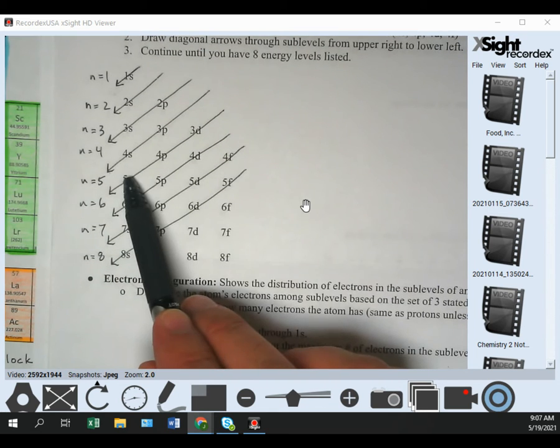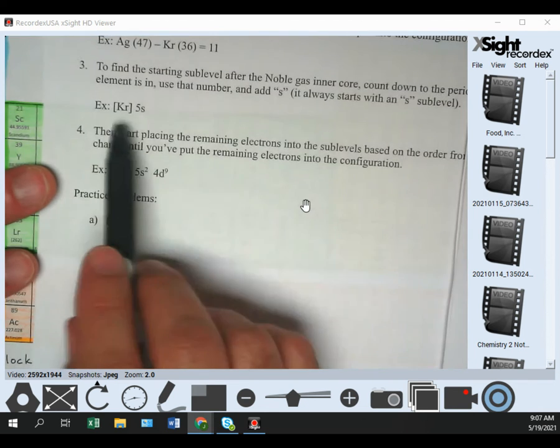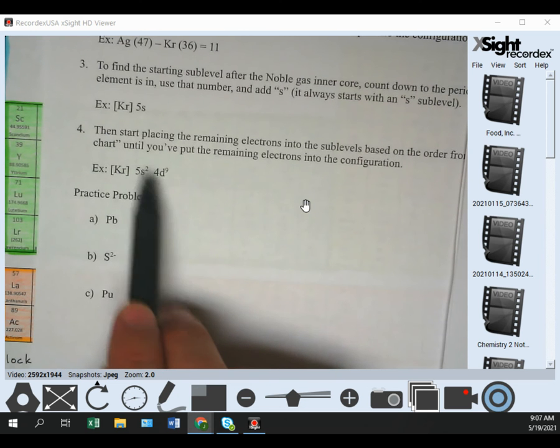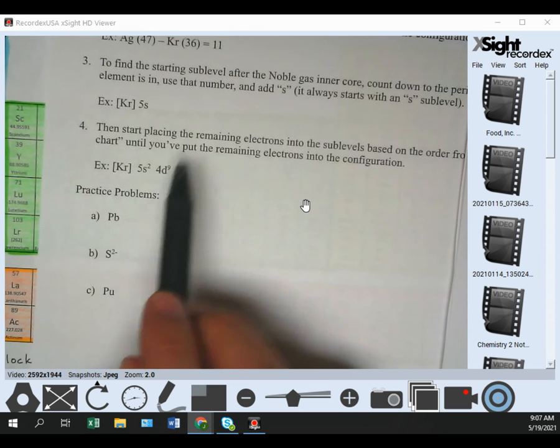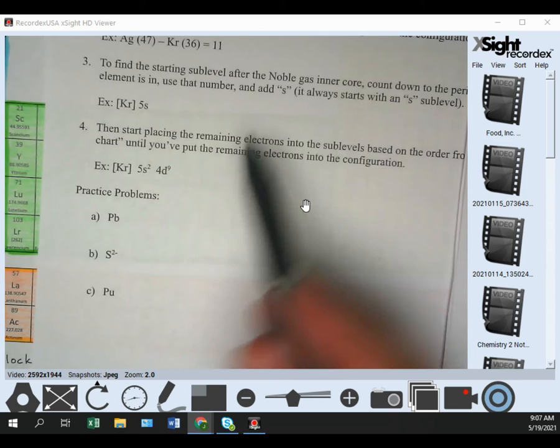The next thing is 4d. How many can d hold? Anybody remember? 10. But we started with 11, and we put 2 in 5s, so we only have 9 left. So 5s2, 4d9. And then we've put all the electrons we had in, and we're done. So this would be the whole answer.